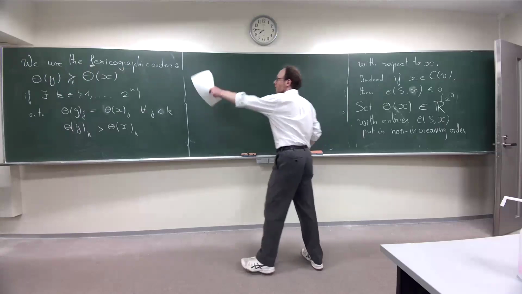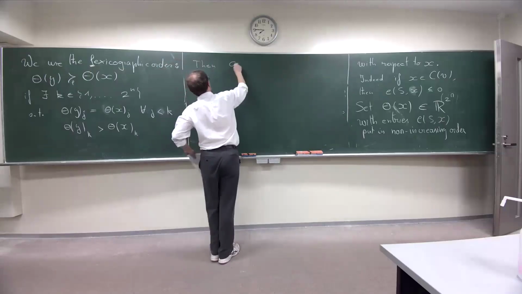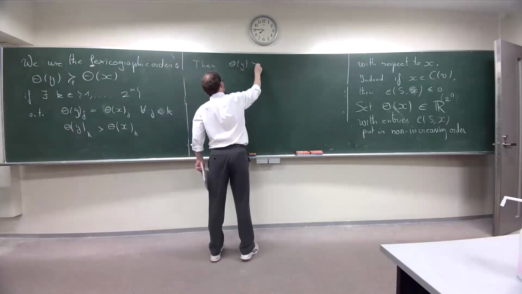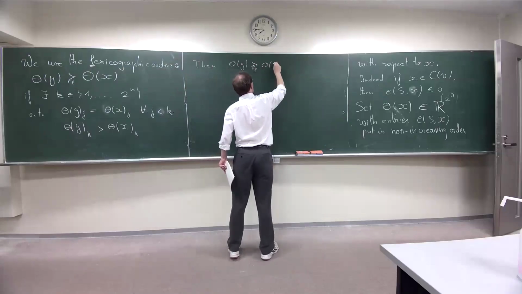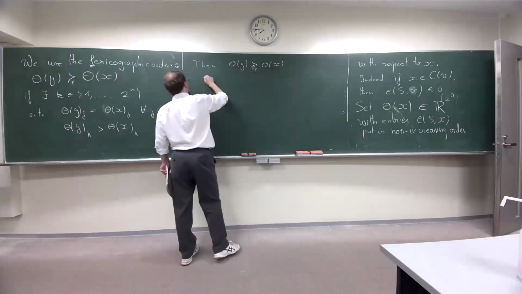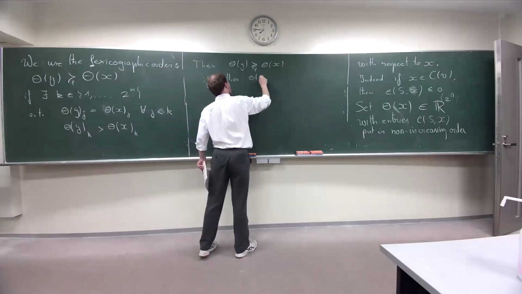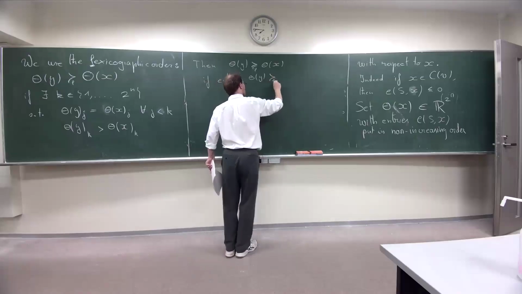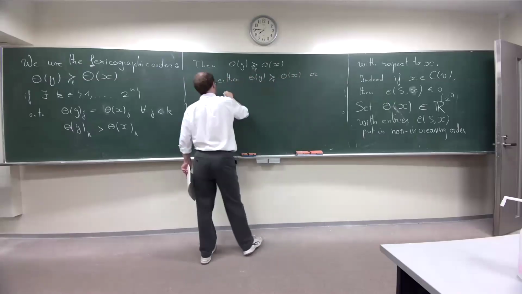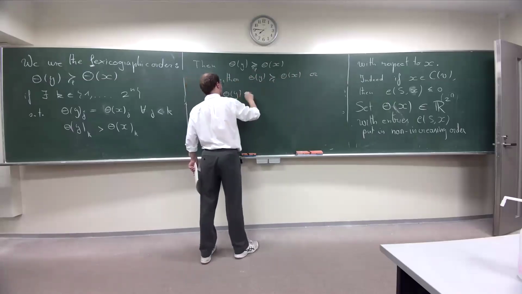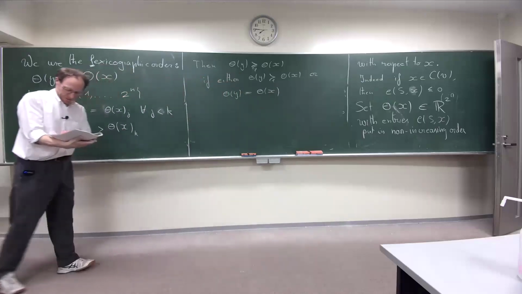And if I define a strictly bigger, we also need to define theta of y bigger or equal with this lexicographic order than theta of x if either theta of y is strictly bigger than theta of x, or they are equal. Theta of y is equal to theta of x, which means all entries are the same.